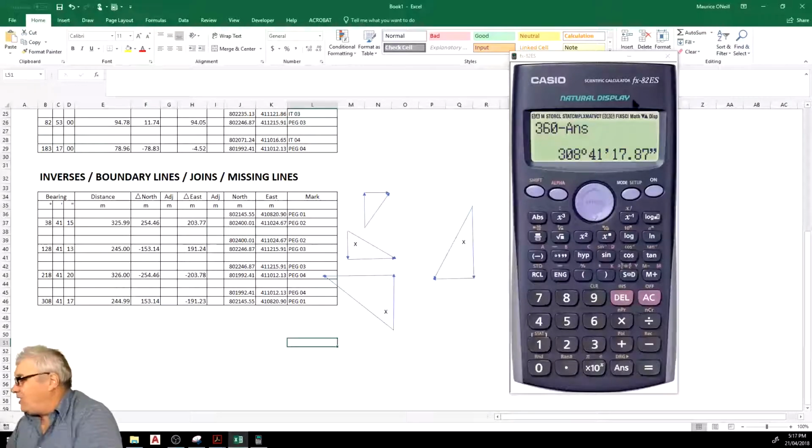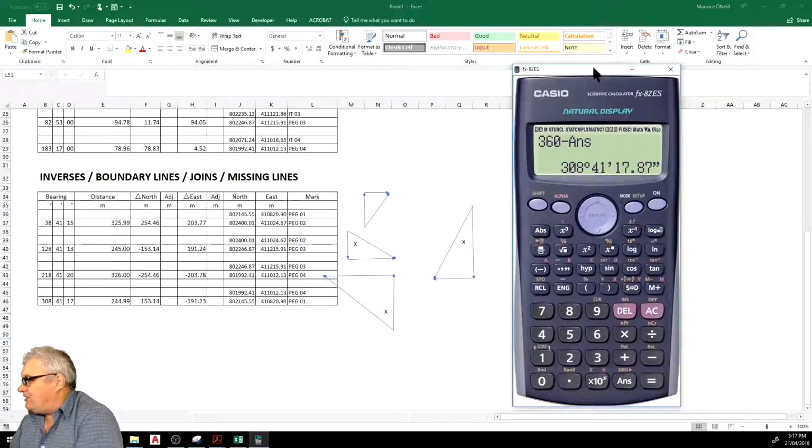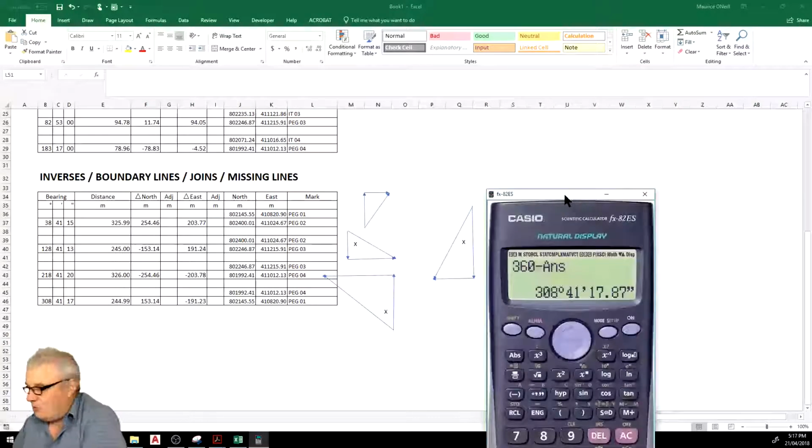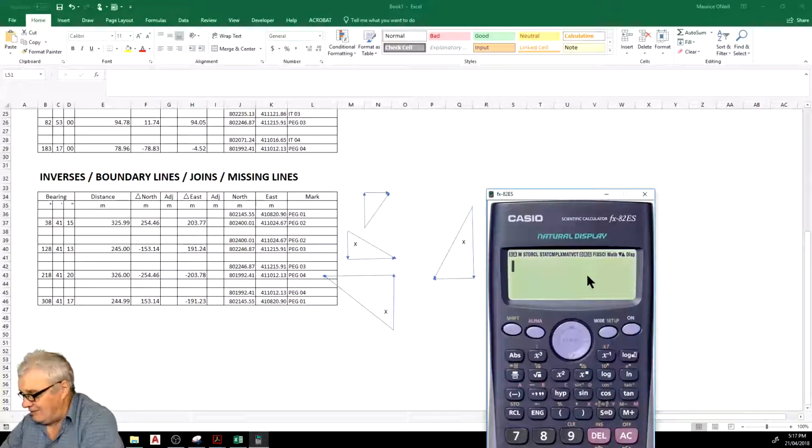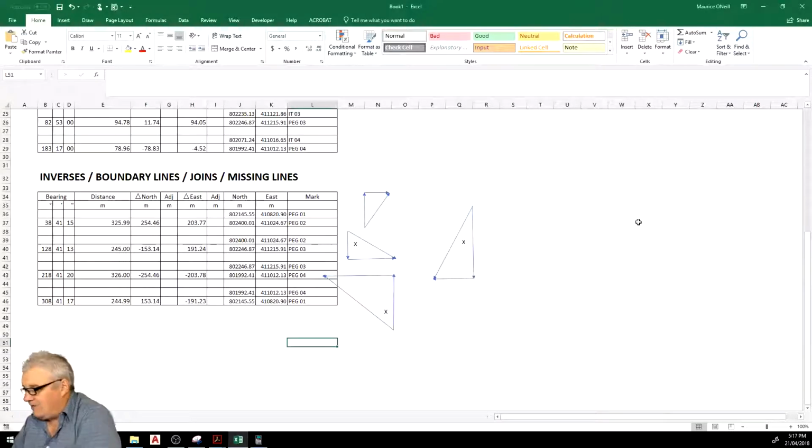Anyway, I just put the calculator in there. That's a calculator emulator that I found online. It's pretty good. And I'm running a little program with it called Always on Top, which is a free downloadable, very simple little program. I just press the spacebar and it puts whatever window you're working with always on top.